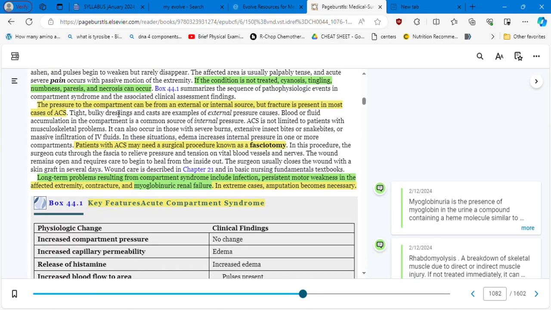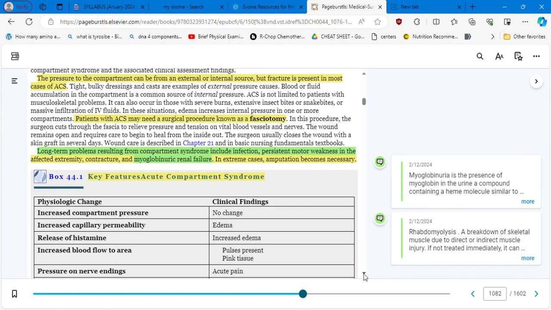The pressure to the compartment can be from an external or internal source, but fracture is present in most cases of compartment syndrome. Patients with acute compartment syndrome may need a surgical procedure known as fasciotomy, as the doctor explained in the video.